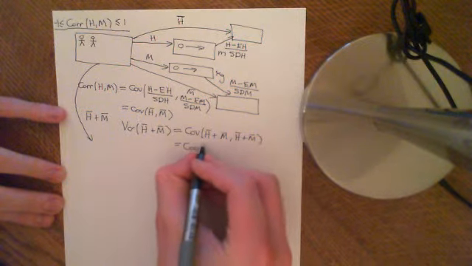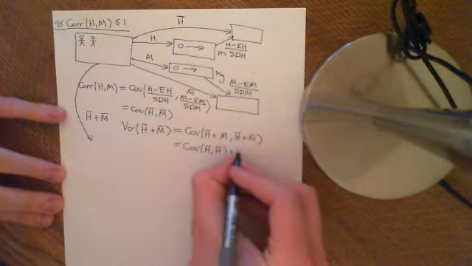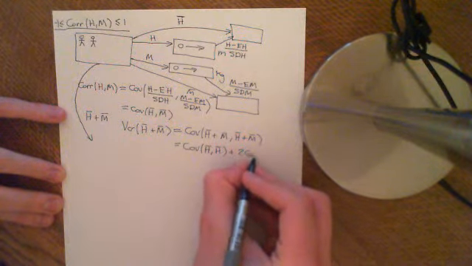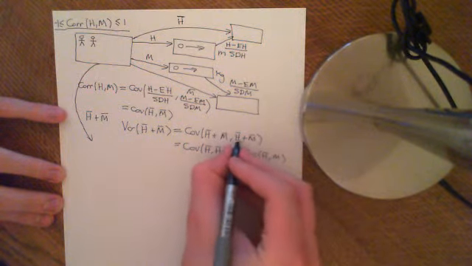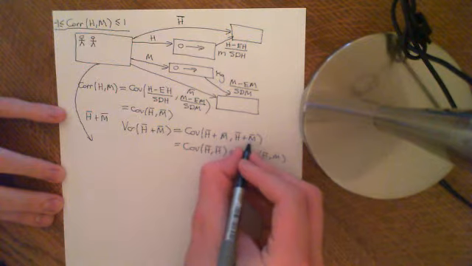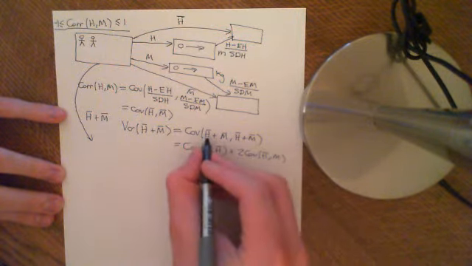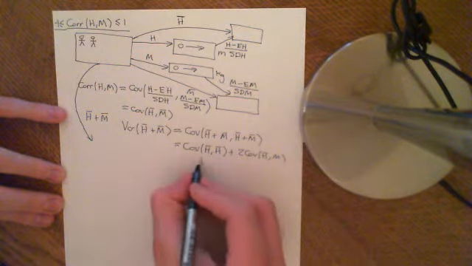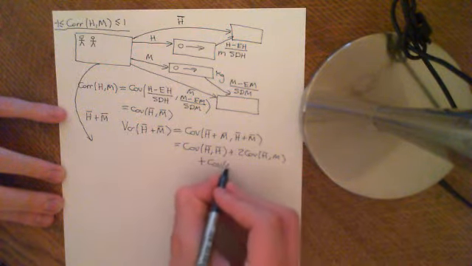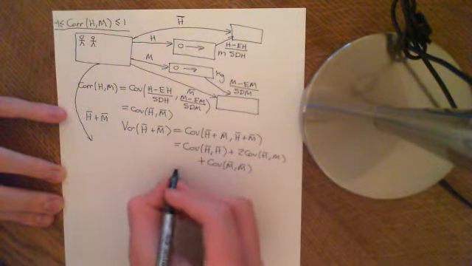Then we can expand this as the covariance of h bar with h bar plus 2 times the covariance of h bar with m bar, because you'll get the covariance of m bar with h bar and the covariance of h bar with m bar, but they're the same thing by the symmetry properties, plus the covariance of m bar with m bar, basically.